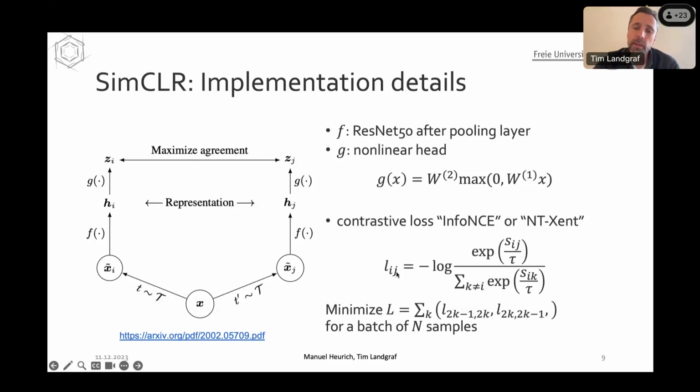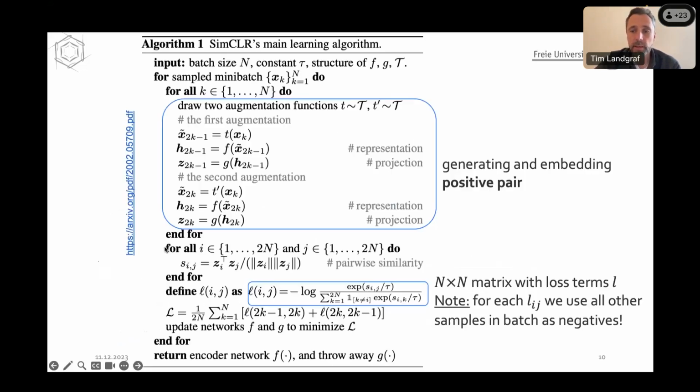But so we take these individual losses, L_ij, for a certain positive sample, but we also iterate k over the entire batch, which has negative samples as well. And we compute the similarity. So S, let me just go back here for you.